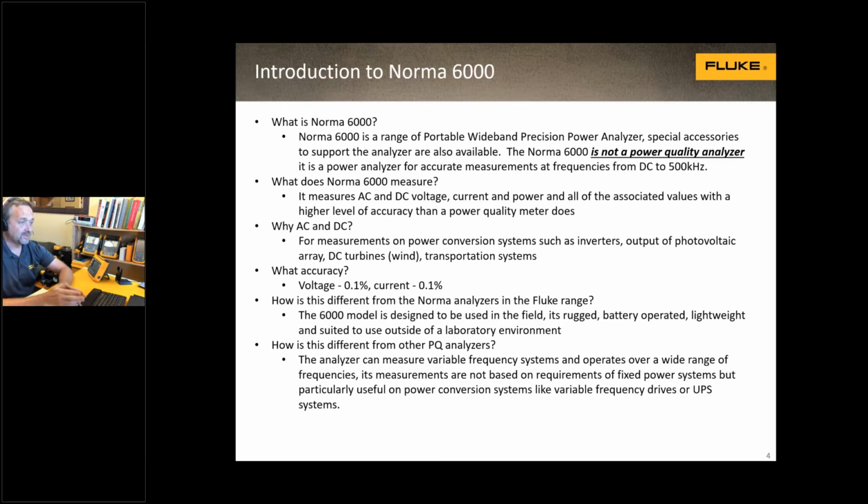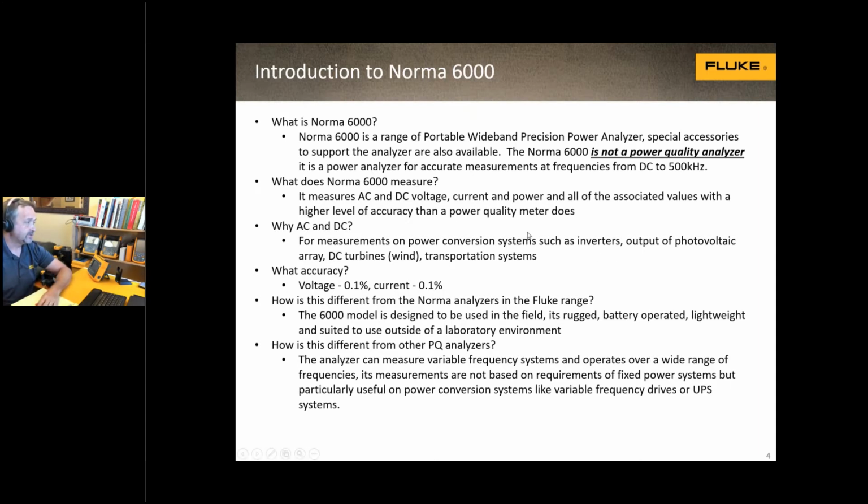The Norma 6000 allows you to not only measure those systems, but also characterize their efficiency. In today's energy conservation environment, with newer and tighter energy standards, and with energy savings being really important, the Norma helps characterize those things.